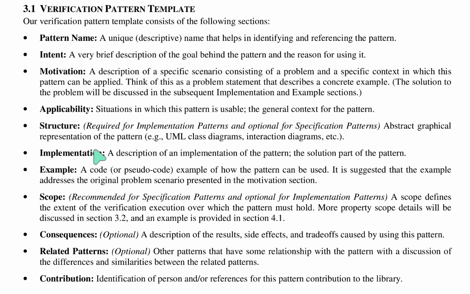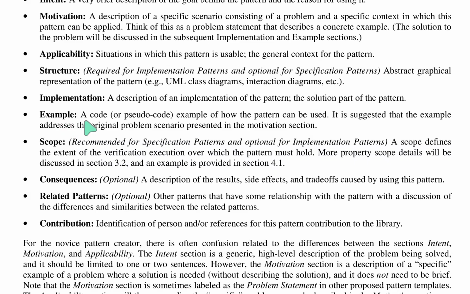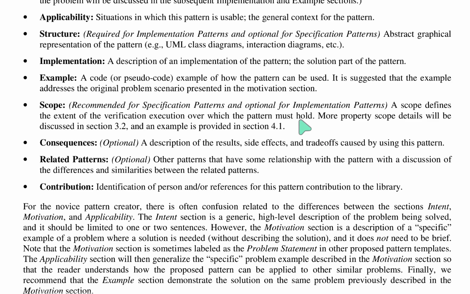The implementation, a description of the implementation of the pattern, the solution part of the pattern. Example, a code or pseudocode example of how the pattern can be used. It is suggested that the example address the original problem scenario presented in the motivation section.